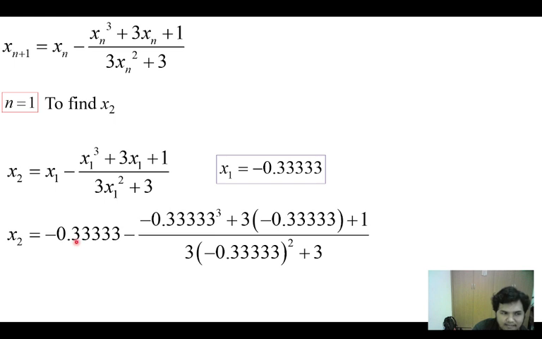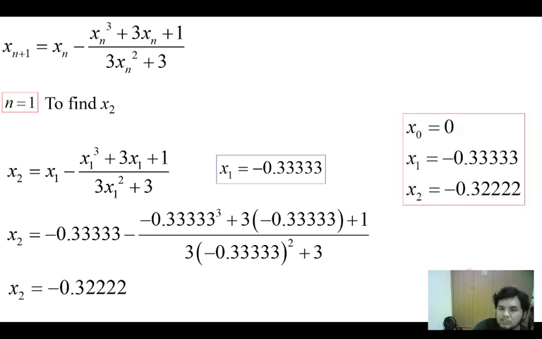Calculate using your calculator, you get the answer of negative 0.32222. We take the last two answers and compare them. They are not the same yet, different, which means you have to continue doing for x3.